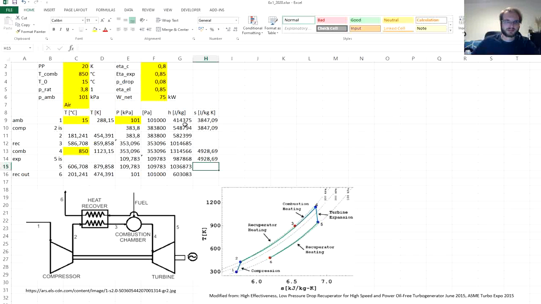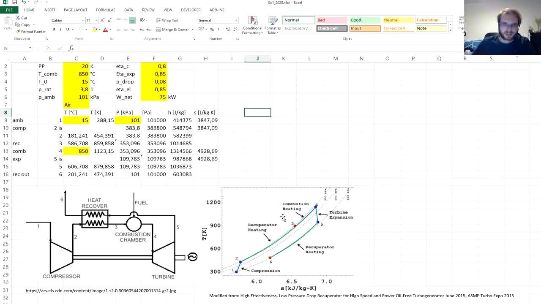Okay, so now we have all the nodes in the system. It looks like everything is calculated, but let's have a look at something, because now we are using the real gas properties, not ideal gas, and definitely not the perfect gas, so the specific heat capacity will not be constant.